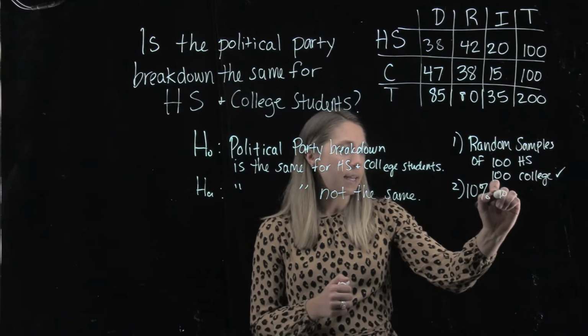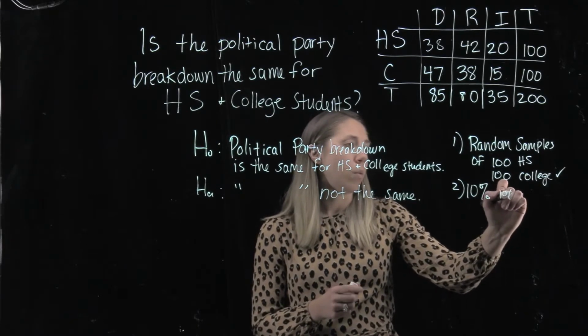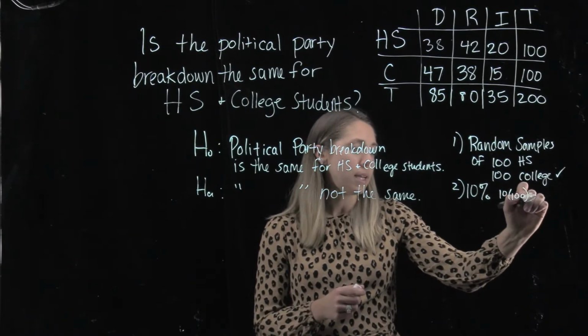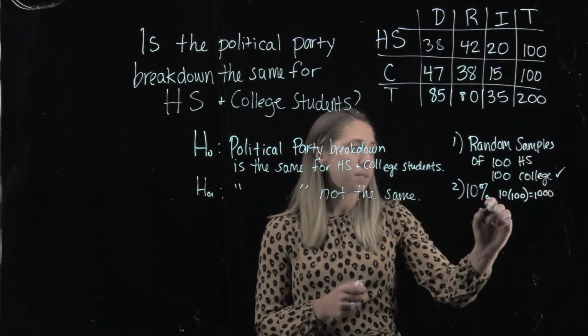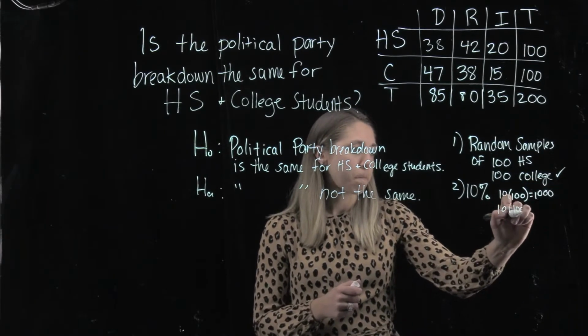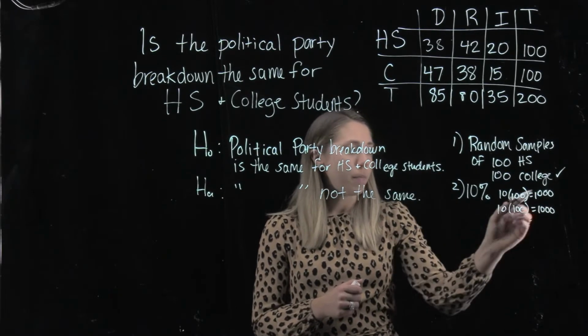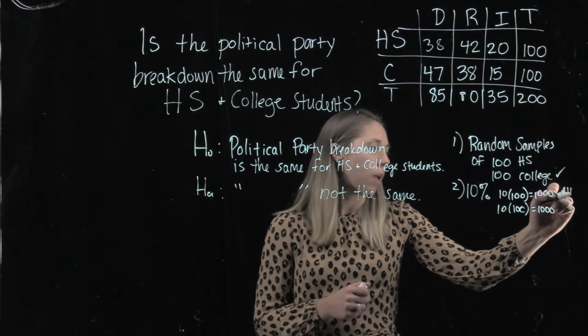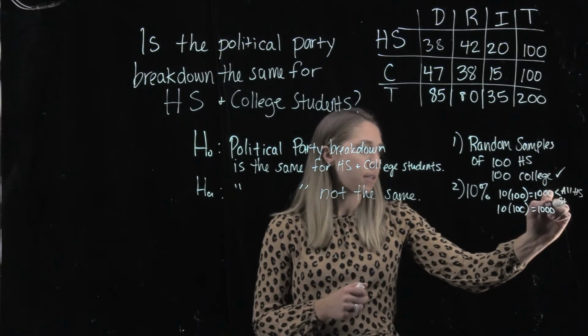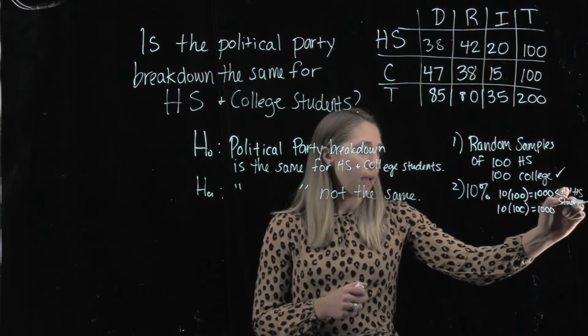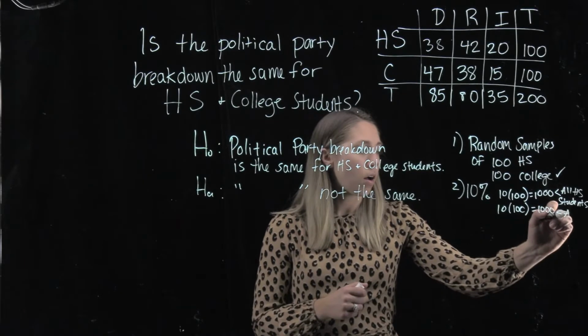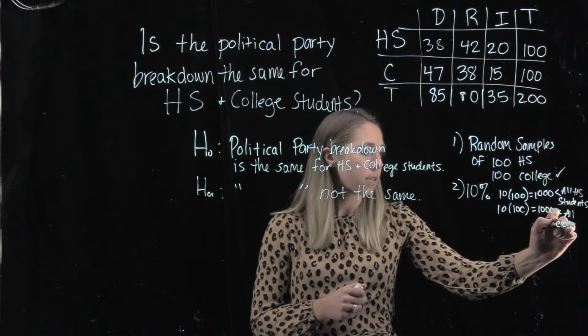We have 10 times 100 is 1,000 for both groups. And this would be less than all high school students. And this is obviously less than all college students.